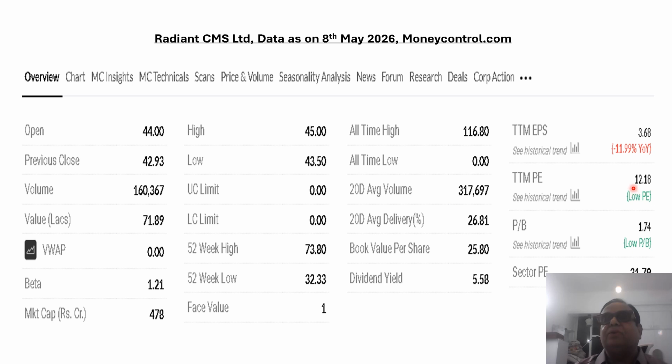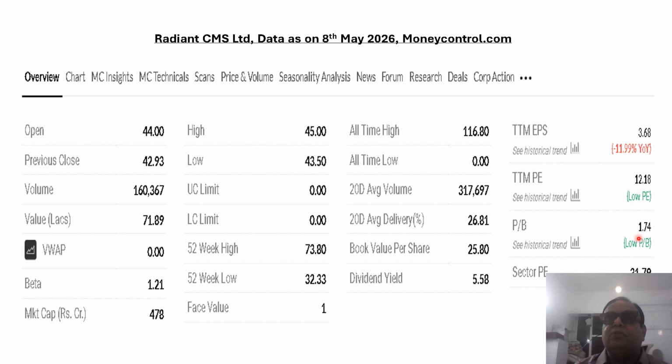The P/E ratio of 12.18 means the numerator is the market price and the denominator is the earning per share. So when the result comes out as 12.18, the meaning is that for every 1 unit of profit the company earns, the market is ready to pay 12 times.